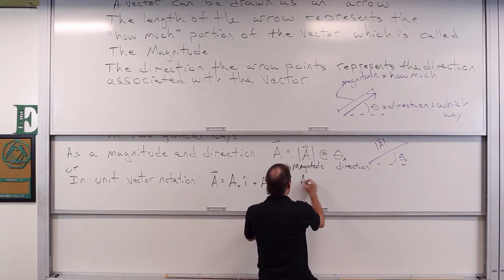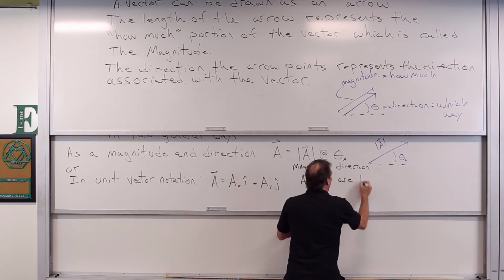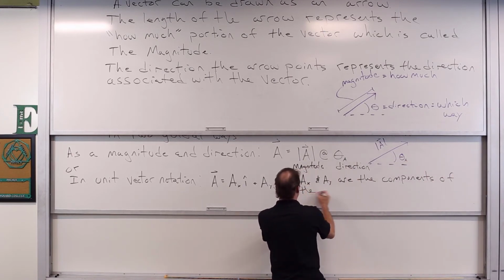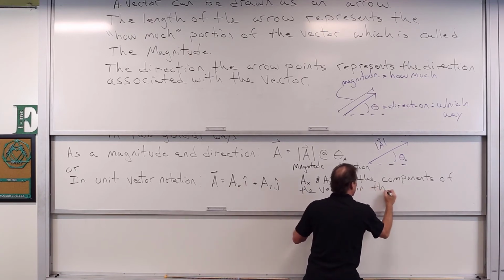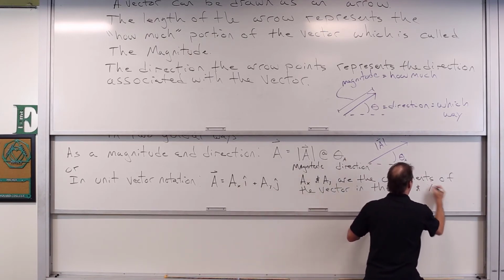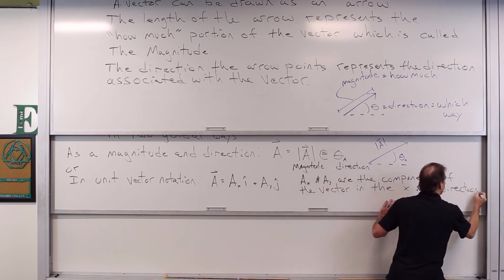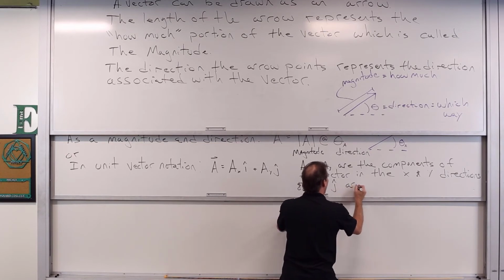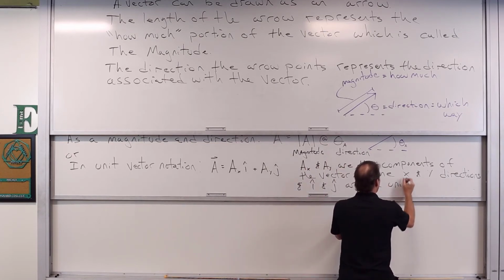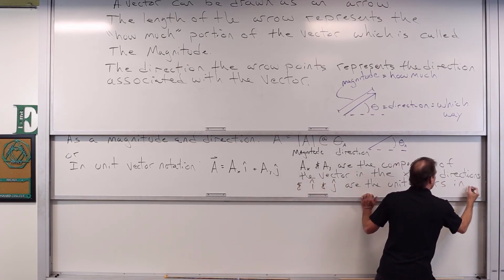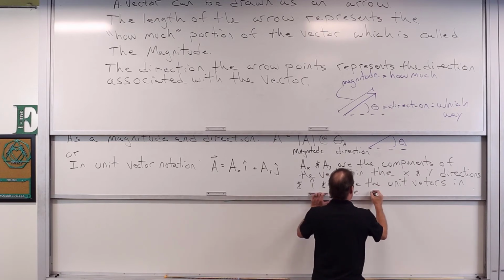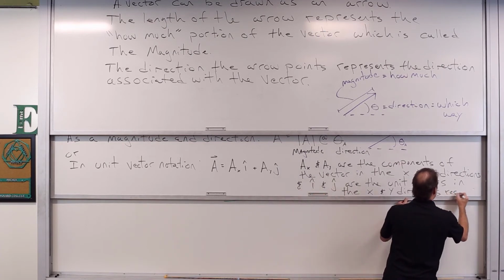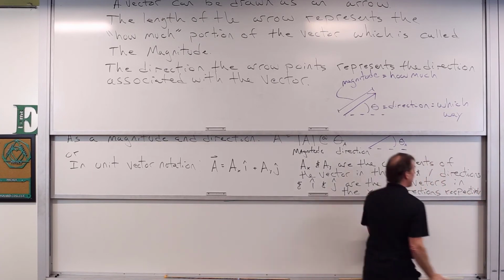So what we need to know is what is this a x, this a y, this i with an upward arrow and j with an upward arrow. So a x and a y are the components of the vector in the x and y directions, and i hat and j hat are the unit vectors in the x and y directions, respectively.